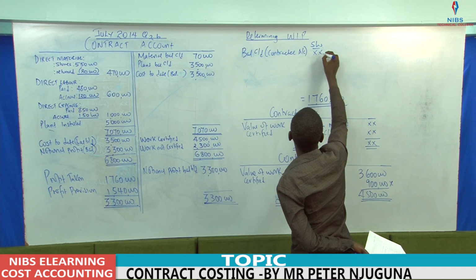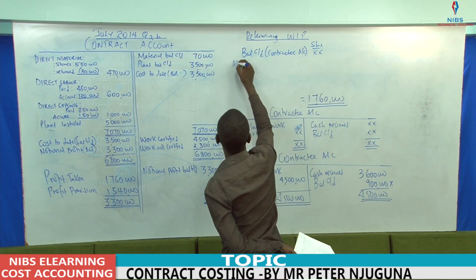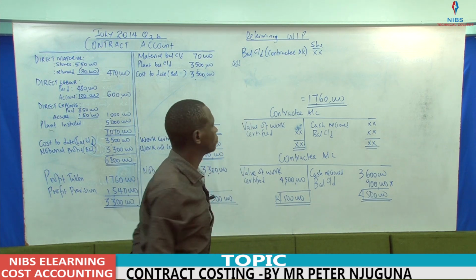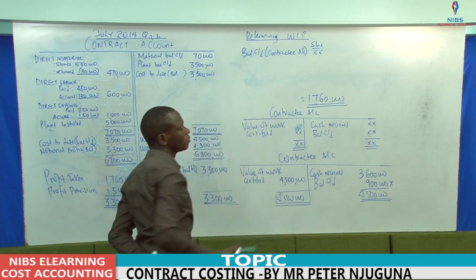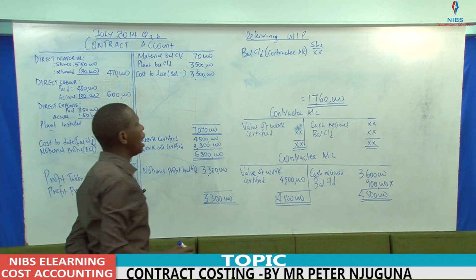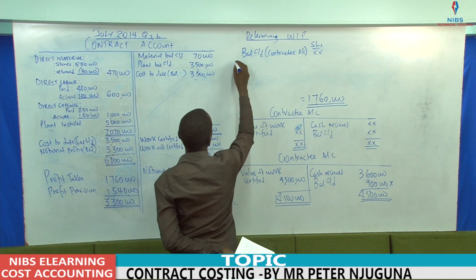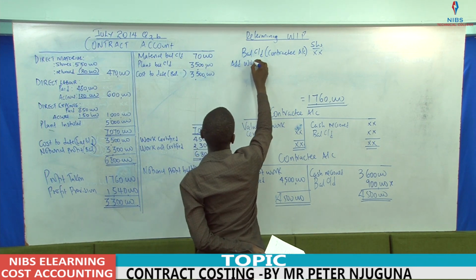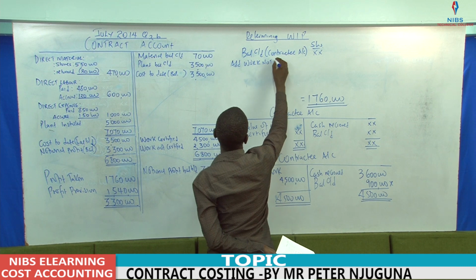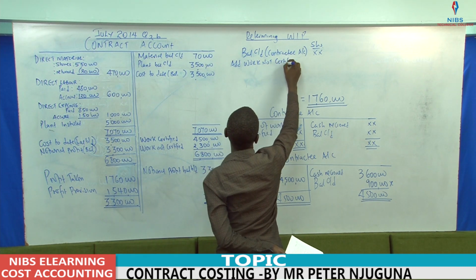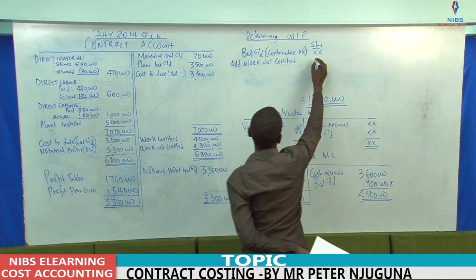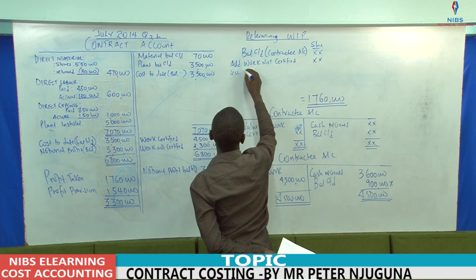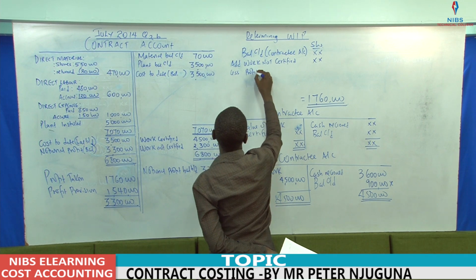Now this balance we got from the contractee account. So you add work not certified. This one is then less profit provision.